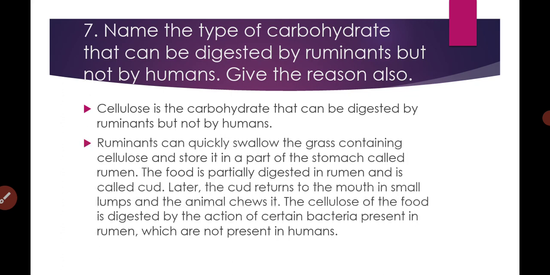With the help of bacteria only, these bacteria in the rumen of the ruminants help to digest the cellulose, and these bacteria are not present in human beings. So this is the reason why ruminants can digest cellulose but humans cannot.